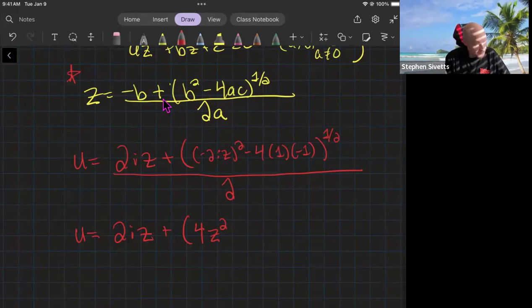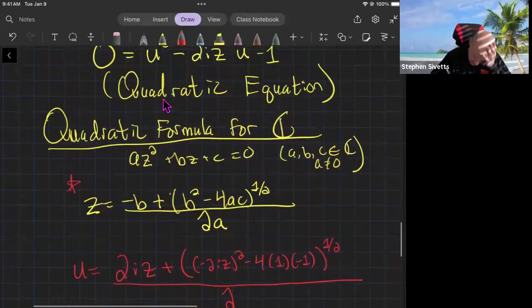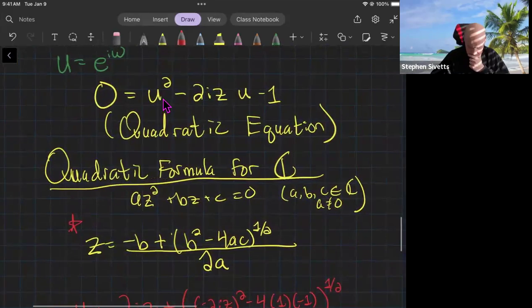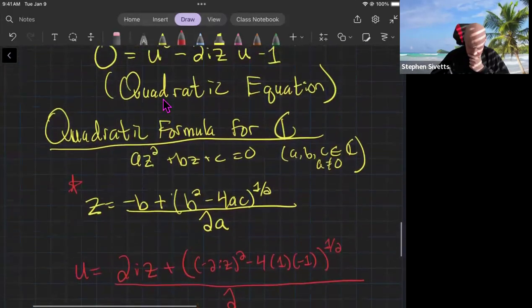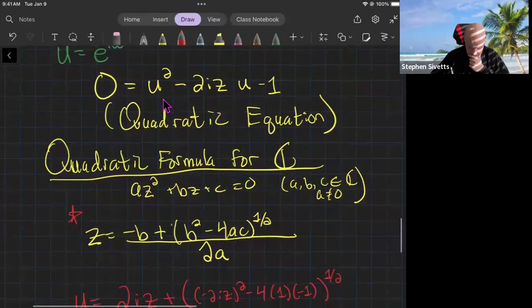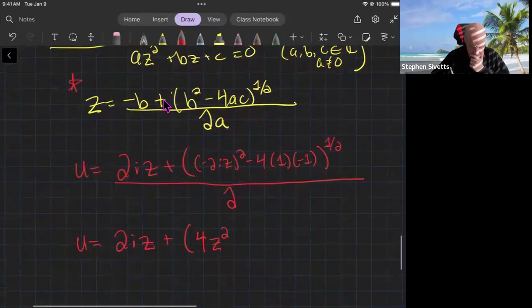Okay, I gotta be careful here. I squared is -1, okay.